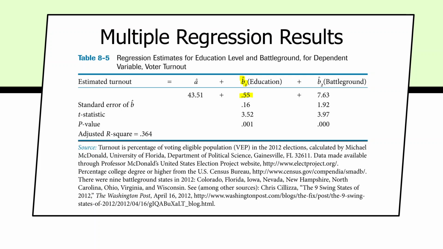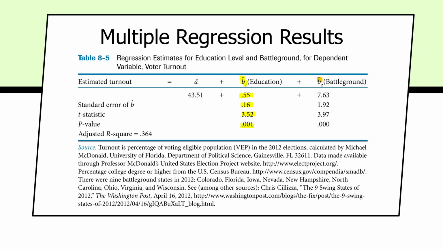Doing so reduces the effect of education, although it remains significant. The standard error is relatively small compared to the coefficient. We have a large t-statistic, 3.52, and a small p-value. So we would say, yes, education continues to affect turnout; its partial effect is significant.